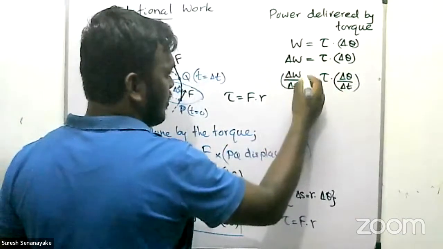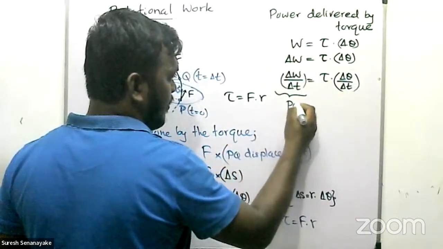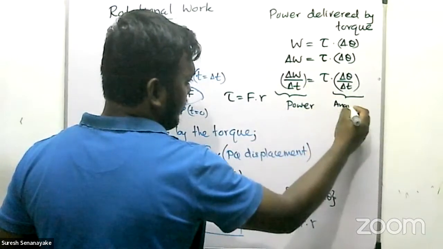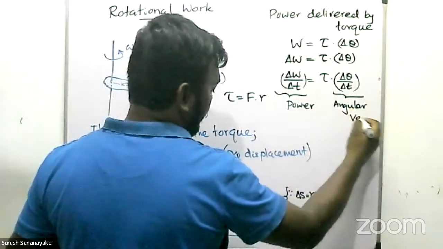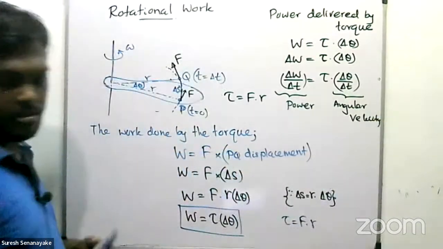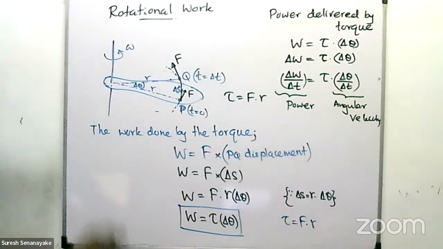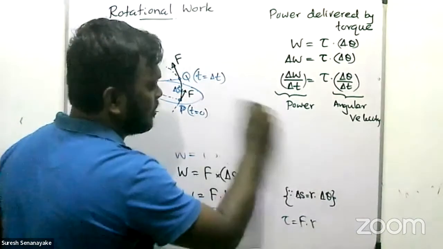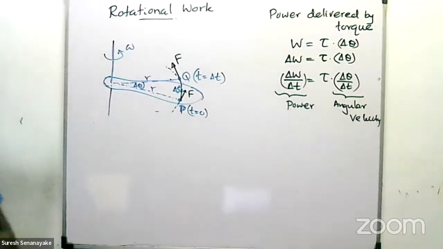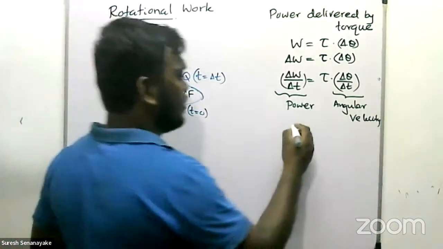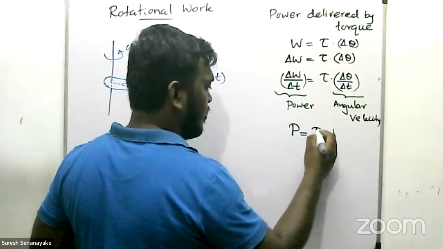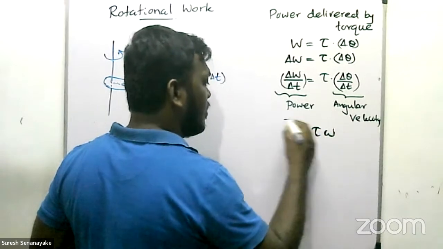What is this? It's the angular velocity, the rate of change of the angular displacement. So the power is tau omega. Power delivered by the torque is tau omega.